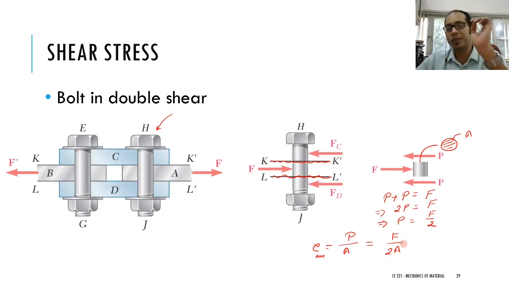So that one was F divided by A, this is F divided by 2A. So the bolts in double shear are essentially subjected to half the stresses of the ones in single shear, right? So it is always preferable to have the bolts in double shear because they can resist a better amount of loads, or the amount of stresses they are subjected to is lesser than the one in single shear, right?